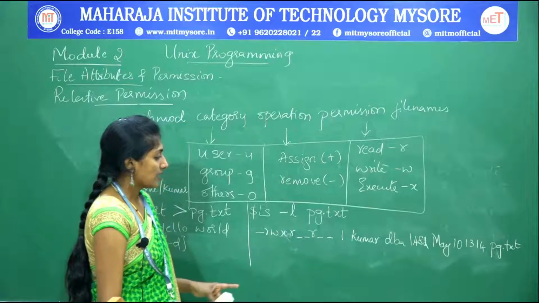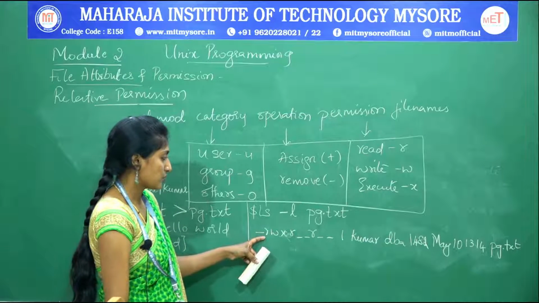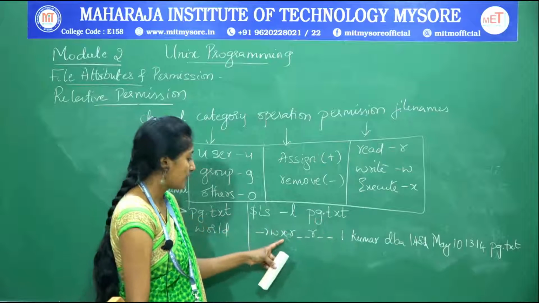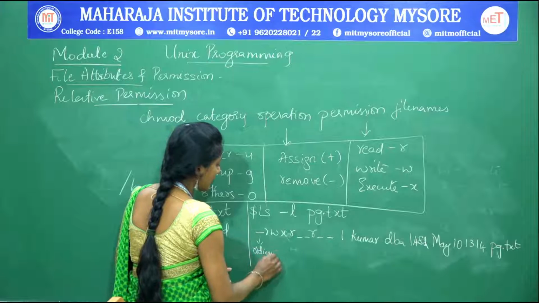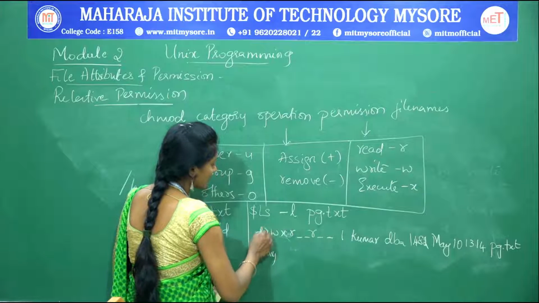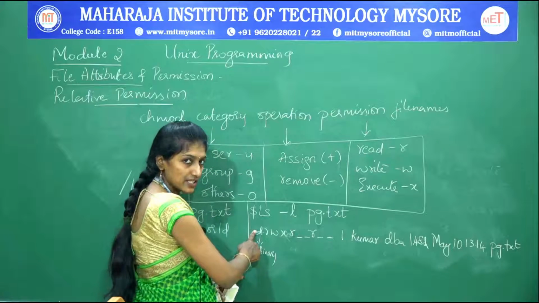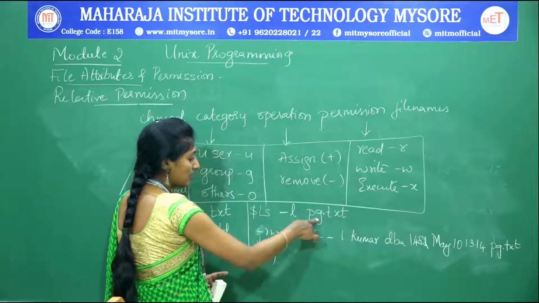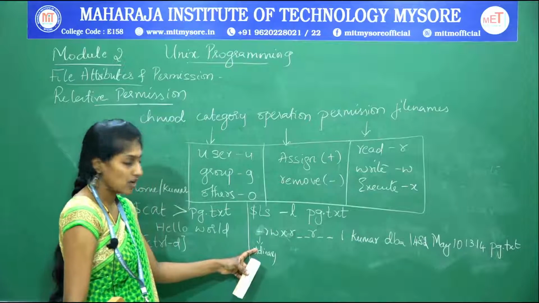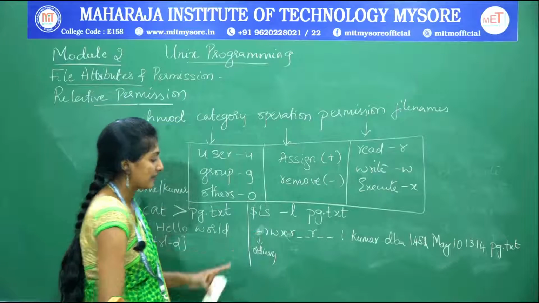Now as you can see here, the first hyphen represents an ordinary file. If it is D here instead of hyphen, it is a directory file, but since this is an ordinary file, it is represented with hyphen.